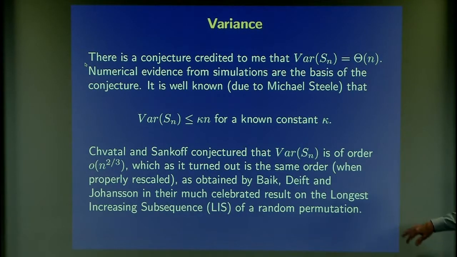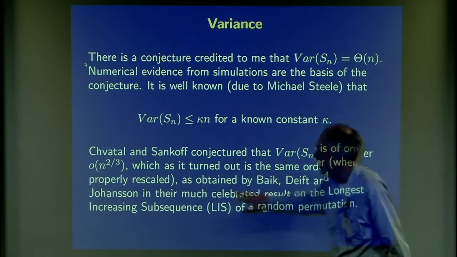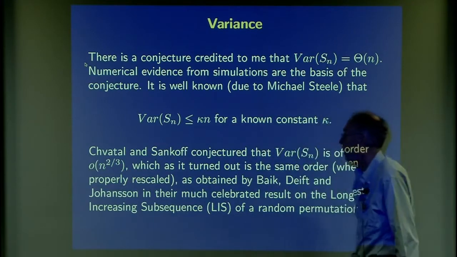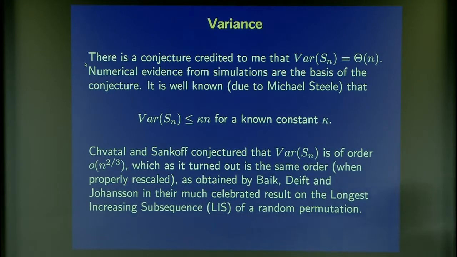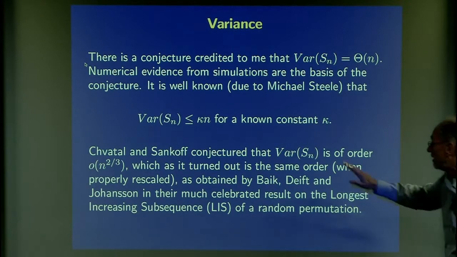And Chvátal and Sankoff conjectured that the variance was little o of n to the 2/3, which you may know. There's a famous result about the longest increasing subsequence of a random permutation. Very hard problem, but the exact distribution is known. And that's the variance they get.